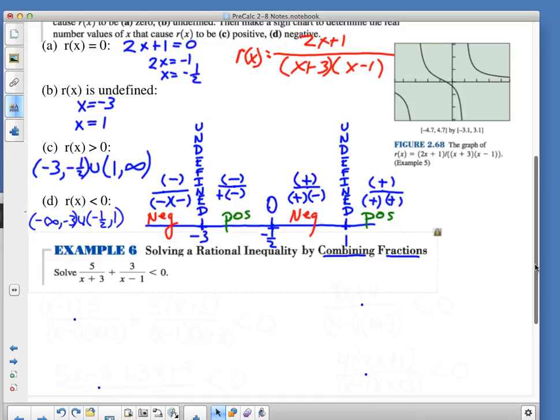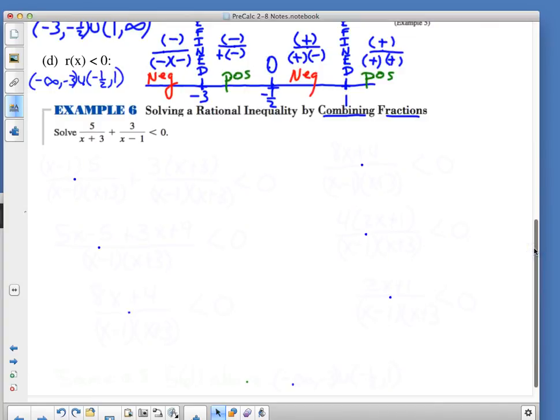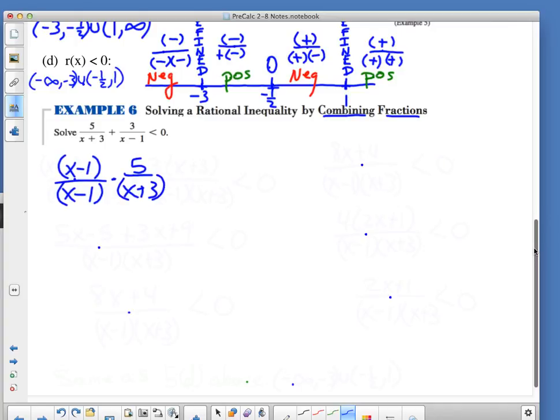Okay, multiply this part of the function by x plus 3 over x plus 3. Okay, in order to set up my next part. So I've got x minus 1 over x minus 1. I'm multiplying by a form of 1, x plus 3. What I'm doing is multiplying by 1 to have like denominators.